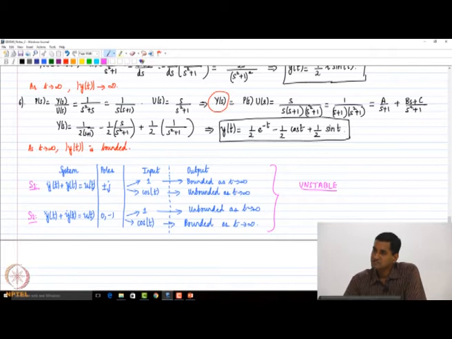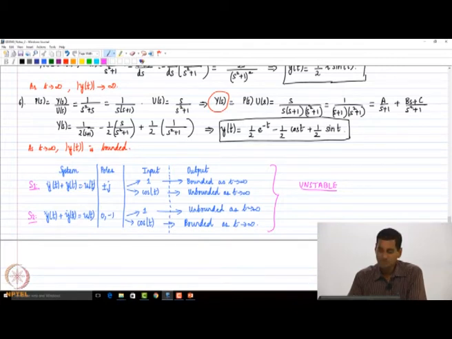For unit step input or any other bounded input like a sine or a cosine of any other angular frequency other than 1, you can show that the output is going to be bounded. So let me repeat that statement. Let's take S1. It so turns out that if I give any other cosine or sine input, cos omega t, sin omega t, such that omega is not equal to 1, then the output will be bounded.